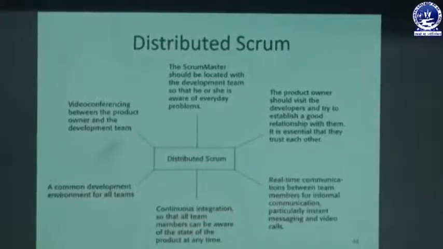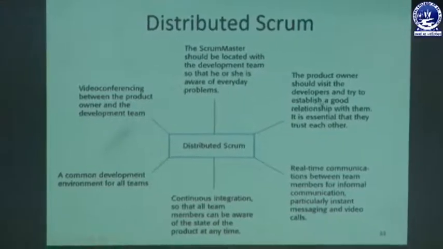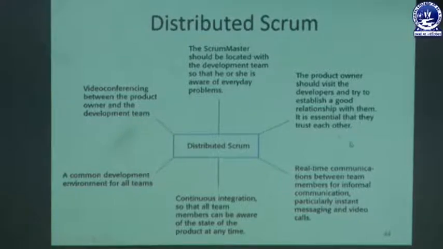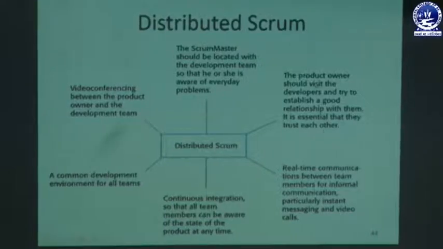And the second is, the product owner should visit the developers and try to establish a good relationship with them. It is essential that they trust each other. Obviously, there should be no trust issue. The product owner should have a good relationship with the developer team. At last, we are developing the software for the product owner, so there should be a good relationship between the developer and the product owner.